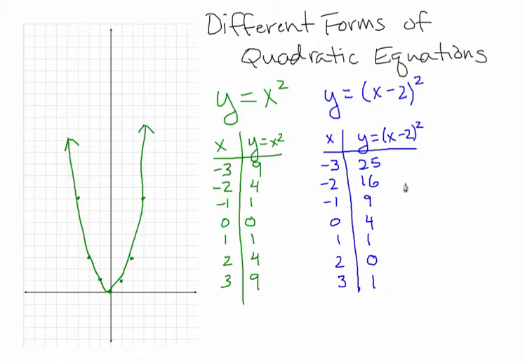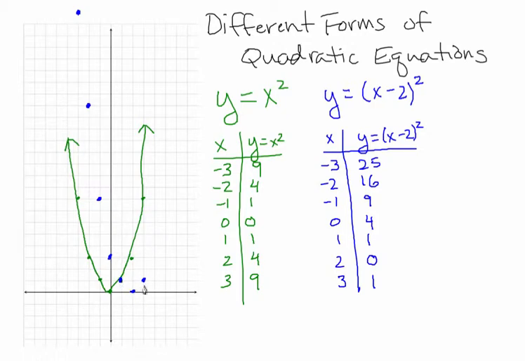Let's take a look at the graph of this equation, y equals x minus 2 squared. At -3, we're at positive 25, which is just off our graph here, actually. -2, 16. -1, 9. 0, 4. 1, 1. 2, 0.